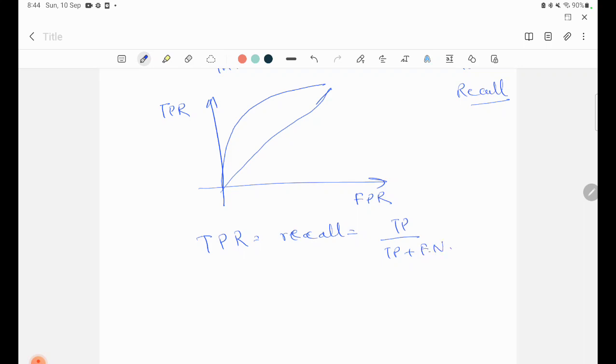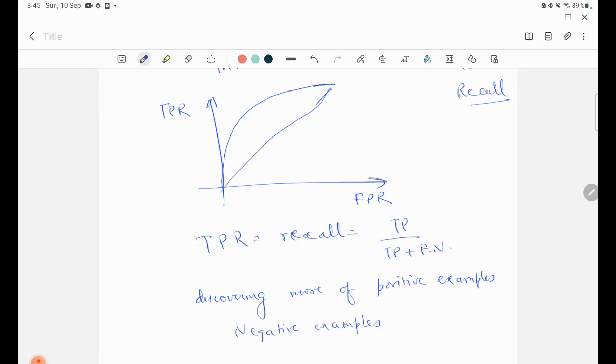So what is it actually telling us? When we discover true positives, it is a rate. When we are discovering more and more of the positive examples, negative examples or false positives also start coming into play.